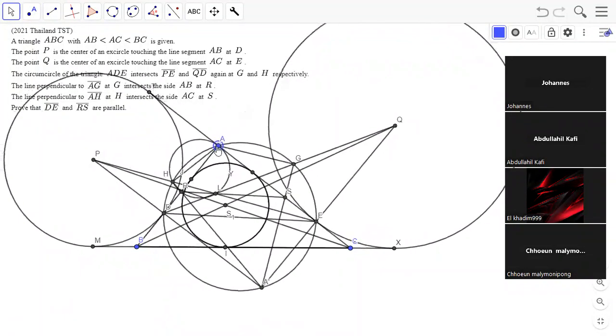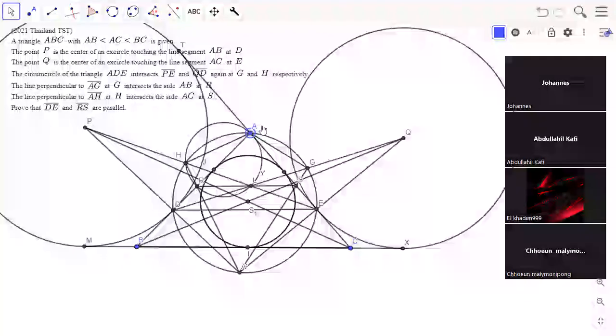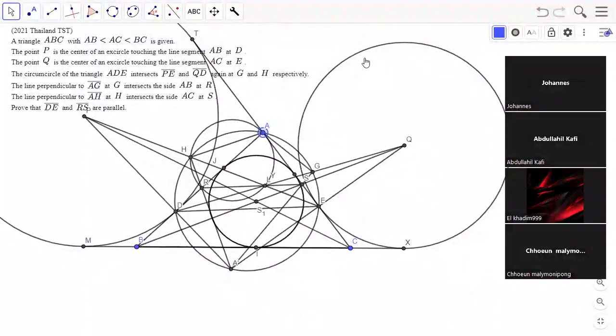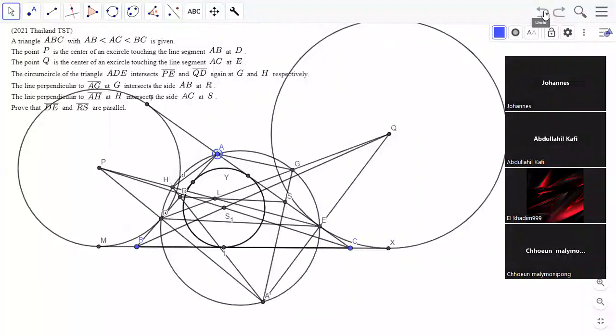I don't know why yet, but it looks like that. Let me just make sure. I'm pretty sure, but yeah. Okay. So for some reason AL is perpendicular to RS. And if we could show that, would that solve the problem? Maybe. I don't know yet.